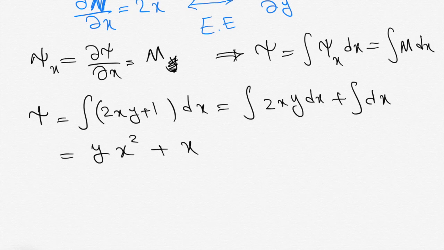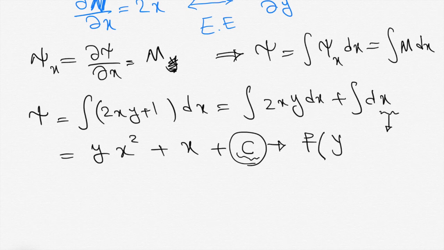So basically in integration we were talking about a constant like c, but here, because you took the derivative with respect to x and didn't care about y, this term can actually be a function of y.